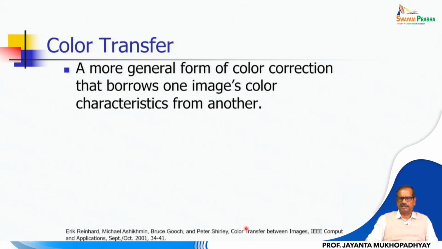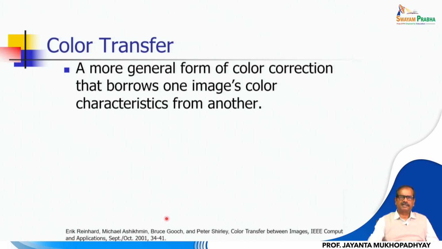So, it could be something like estimating the color of illumination of the target image and of the source image, and then applying color correction. Now, instead of that, there are some other techniques by which you can do much better than the kind of algorithms I have used previously.